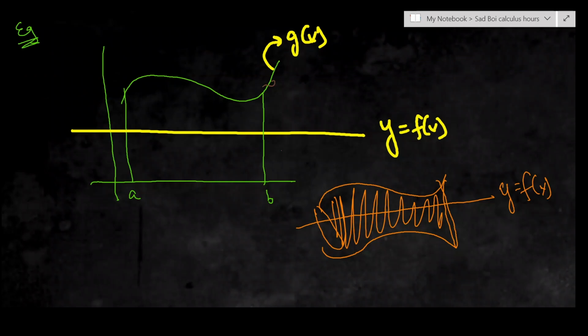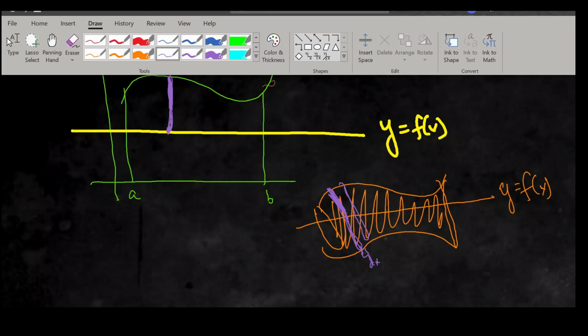So over here, what you need to know is the radius. If we divide this volume into cylinders of very small width, we can specify its radius. So how are we going to specify it? Since the solid is going to revolve around the line y equals f of x, our radius is the line between g of x and f of x at any particular x.